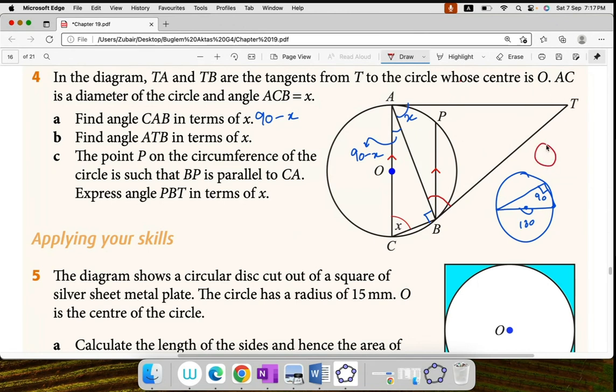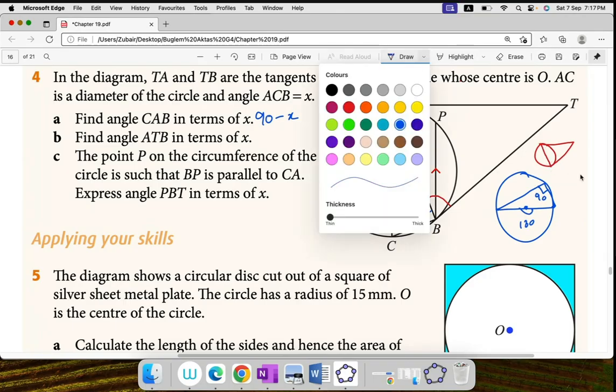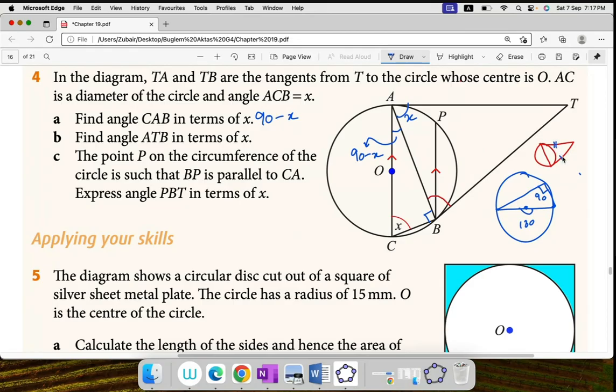Recall the property: two tangents from one external point are equal.